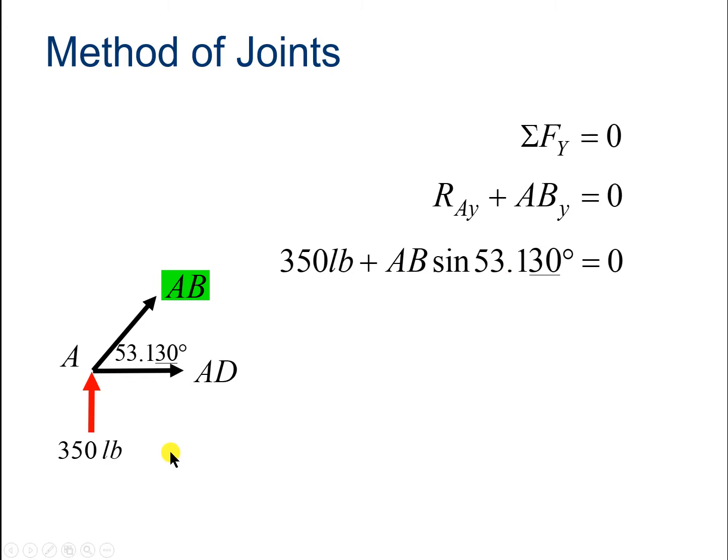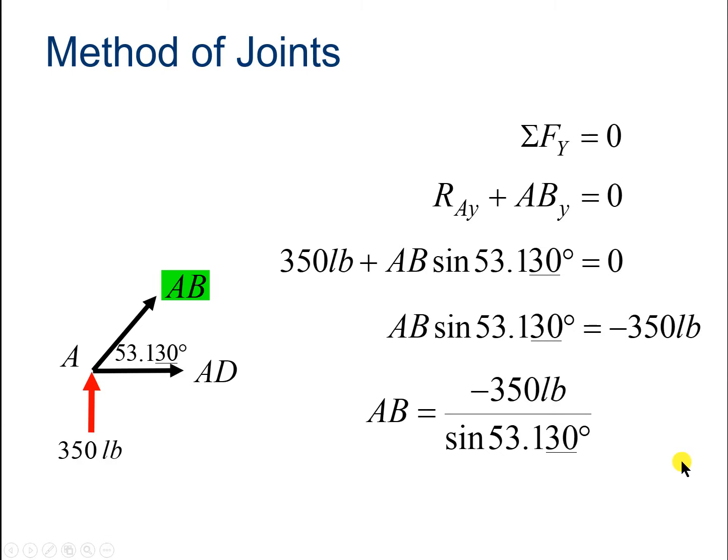You need to convince yourself, become comfortable with the fact that the y component of vector AB is AB sine 53.13. You need to come see me if that's not something you're comfortable with. At this point, we have one equation and one unknown. We can just do some algebra, and we're going to find that AB is minus 438 pounds.